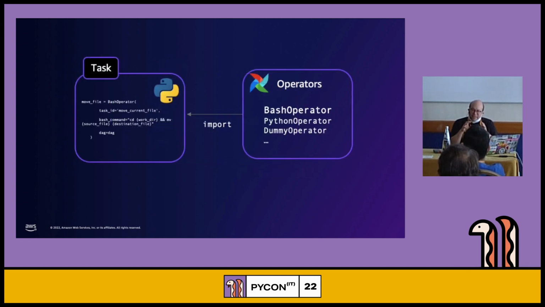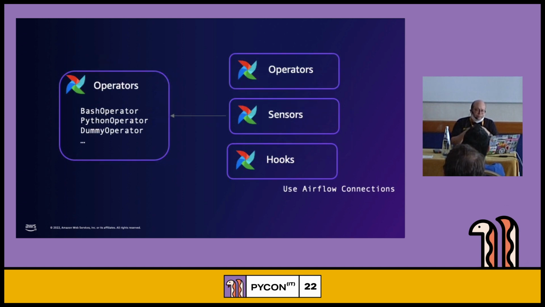Tasks, as our units of work that we want to build our pipelines with, use things called operators, which are an Apache Airflow concept. There are different kinds of operators, but you can think of them as templates, and they remove a lot of the undifferentiated heavy lifting so that you can easily work with lots of different systems. There are operators that allow you to work with upstream or downstream systems.